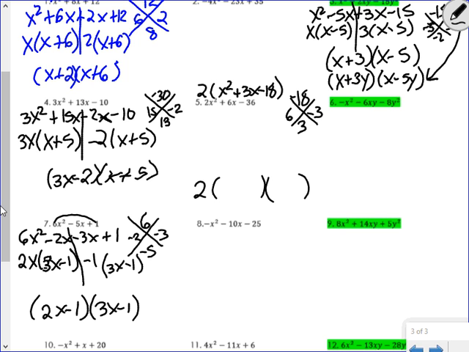Yes. Okay? Now what? Rewrite it. I'm going to have x squared plus 6x minus 3x minus 18. Remember, we're factoring what's in parentheses here. Right? Now what? Split it.